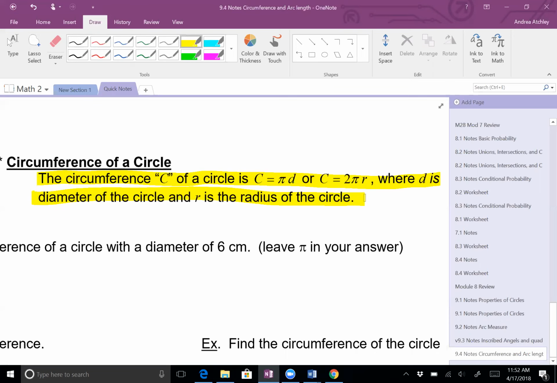We already talked about what pi is: the ratio between the distance around the circle in relation to the diameter. Or you can have the circumference equals 2 pi r, because the diameter is equal to 2 radiuses, or radii. Any questions over that?